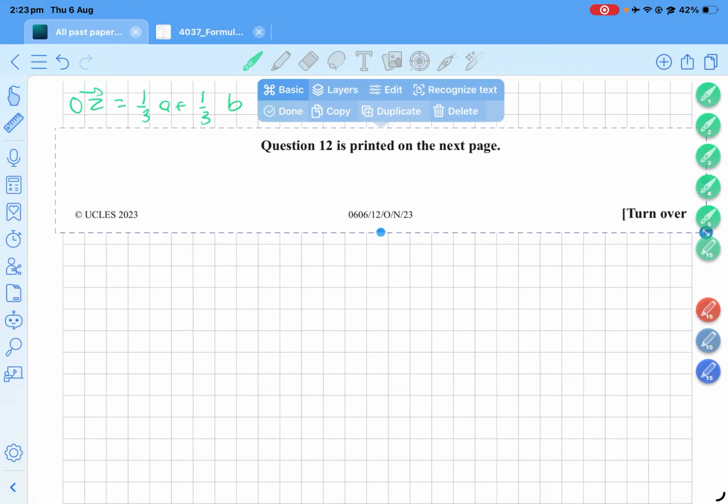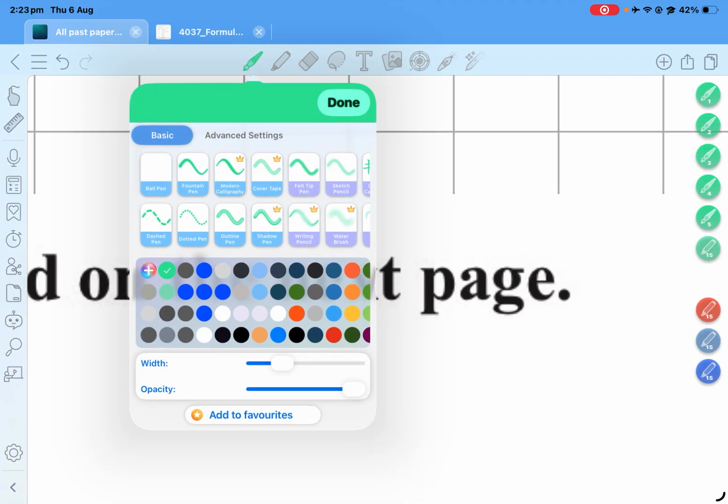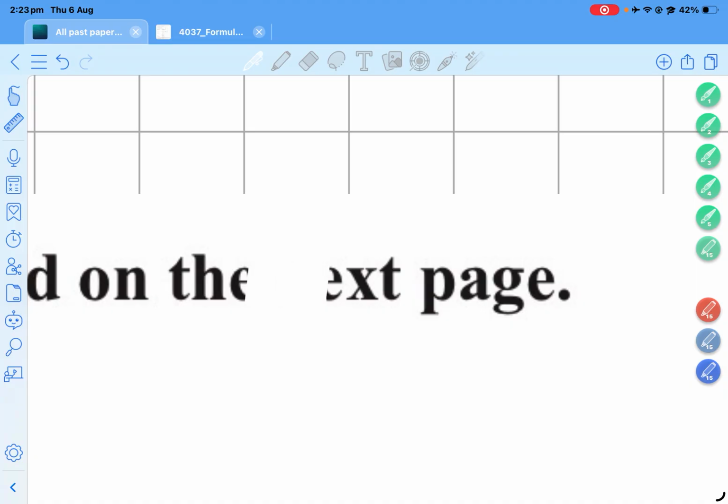Well, it's not really on the next page, it's on this page.